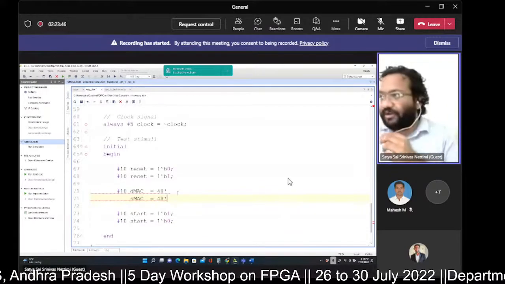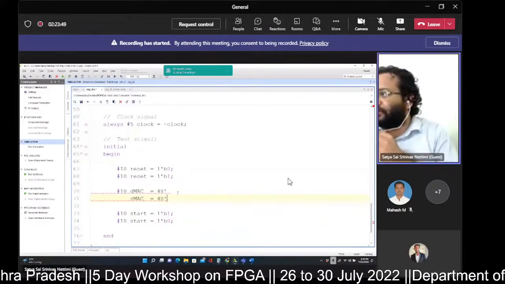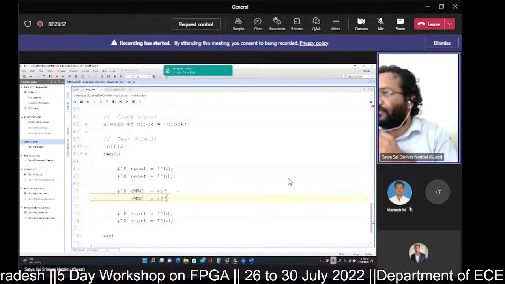I need to just give a random MAC address, so just a minute. I'm just checking how I have configured in this one.